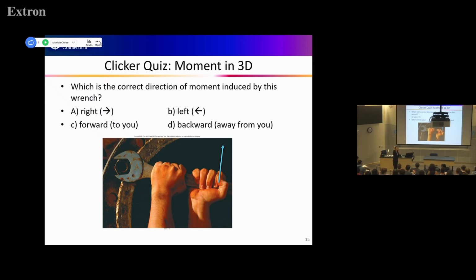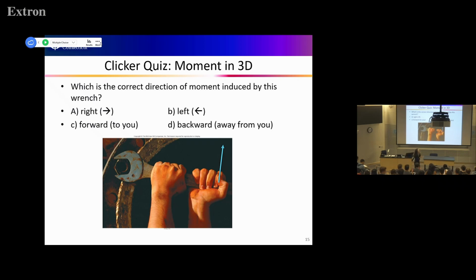If you didn't try with your right hand, try. The first vector is this position vector, this direction, and then the force is this direction. So the moment direction should be this direction. But what does it mean that the moment is forward? This is the direction vector of the moment, but moment is rotation.